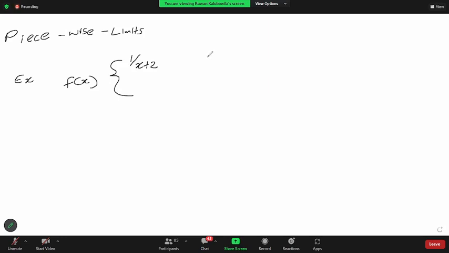When x is less than -2, the function behaves as 1 over x plus 2. That is one function. Then let's define another range, -2 to +3. Then the function behaves like this: x squared minus 5.